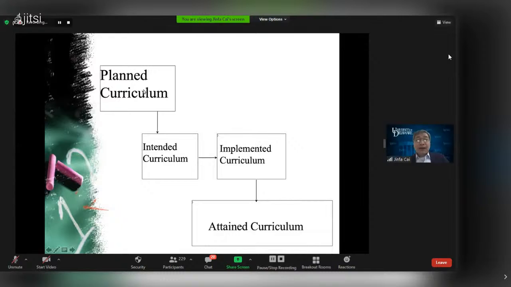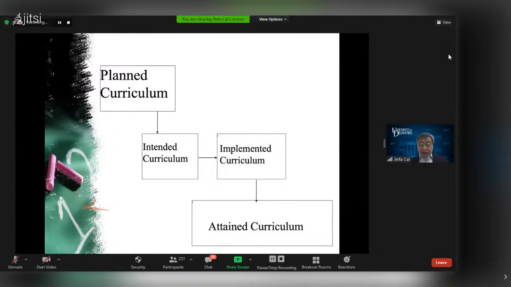One is what I call the planned curriculum, which is about curriculum standards. Then I will also look at the intended curriculum, which is about the textbooks. Now, the implemented curriculum I refer to as the classroom instruction. And the attained curriculum is about what students learned.